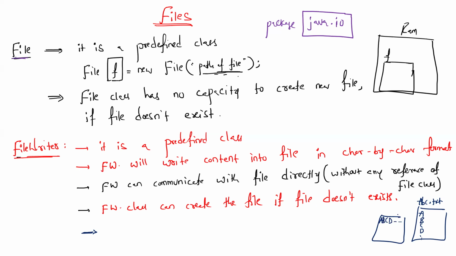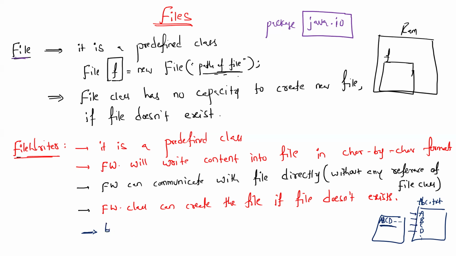So for our content to appear in each line separately, every time the programmer has to use a new line, \n. Otherwise the default nature will come into the picture, same line approach only. So that is one drawback of this file writer.